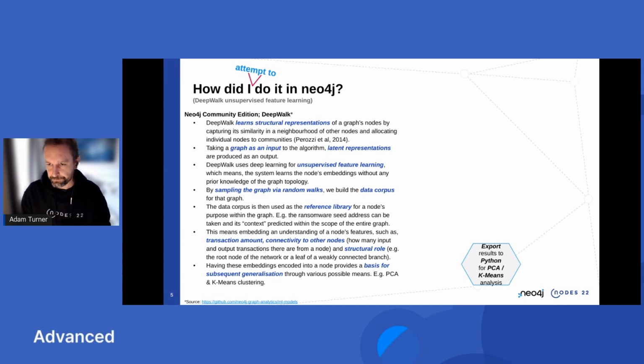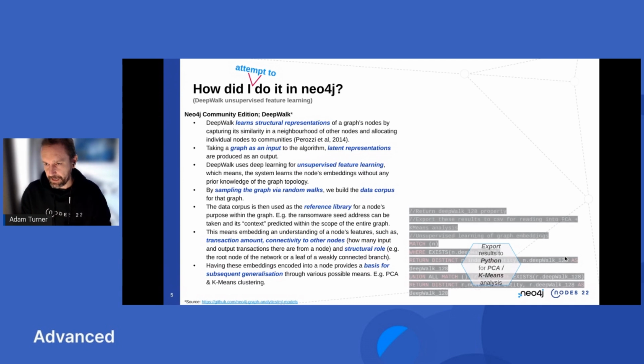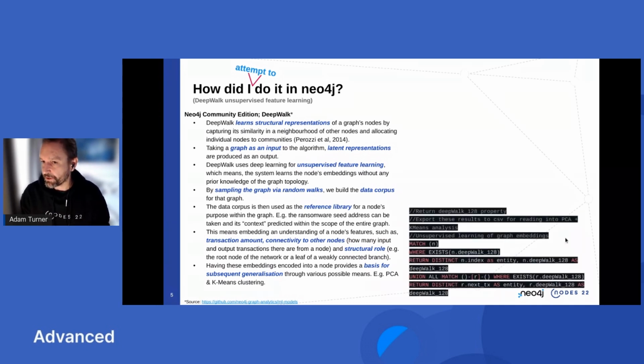Okay. And essentially, that's how I exported it. It's really quite simple within the Cypher in order to get your data set and then really connect that to Python to do a bit more data science analysis.